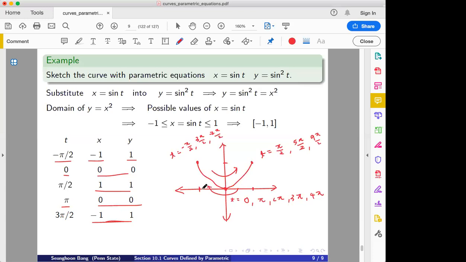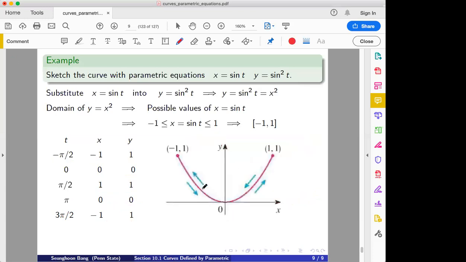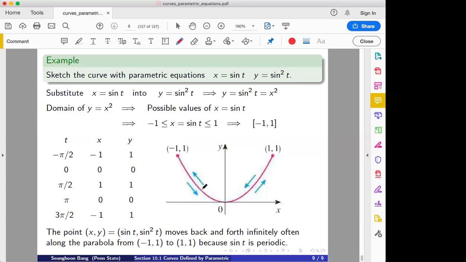So this is the idea: back and forth infinitely many times. The point moves back and forth infinitely often along the parabola because sine of t is periodic.